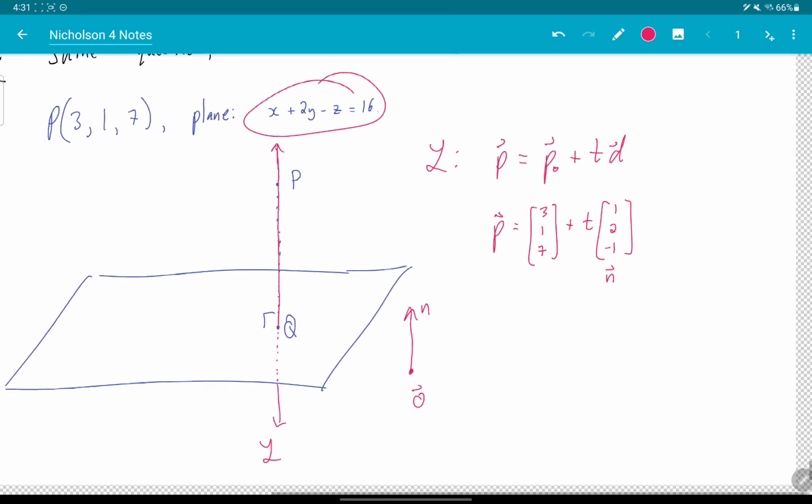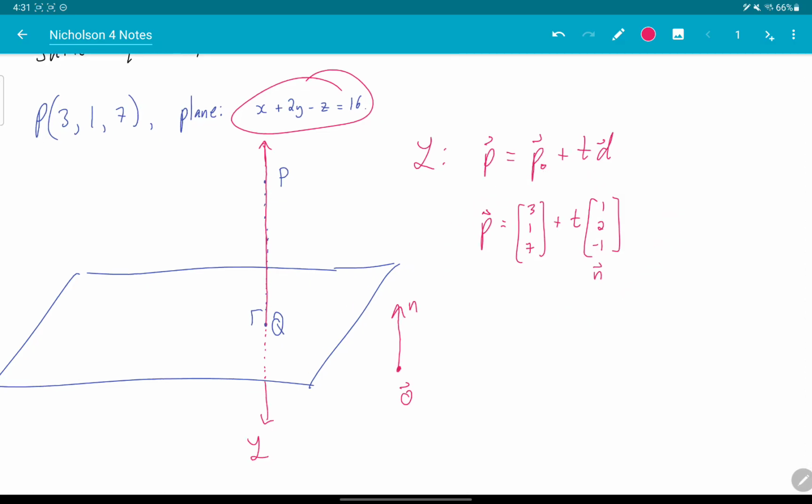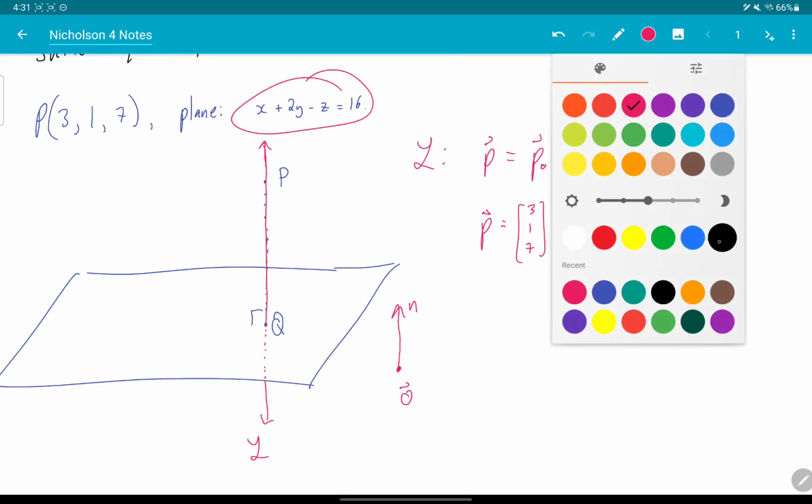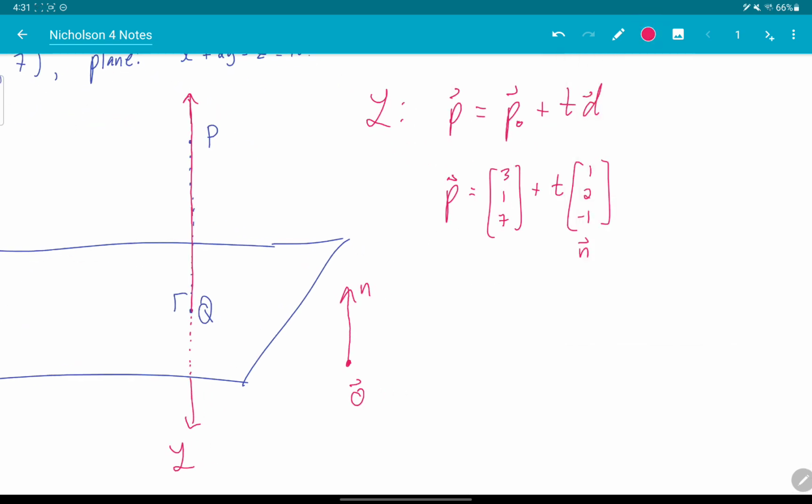Okay, so now I will take this line and try to intersect it with this plane here to find Q. So what does that mean? Well, I'm going to try to find a point that is on the plane, but also on this line. So I can rewrite this line in what's called parametric equations.